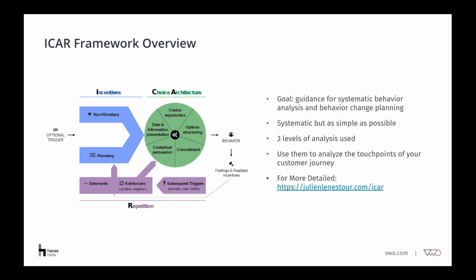It could be a trigger, email marketing, etc. Then the customer is going through the incentives lens, non-monetary and monetary, to shape their behavior and choice. There is a choice architecture lens where we're going to apply behavioral economics techniques. And then the result is a behavior, an actual one.